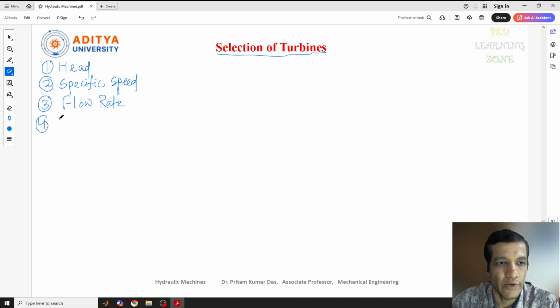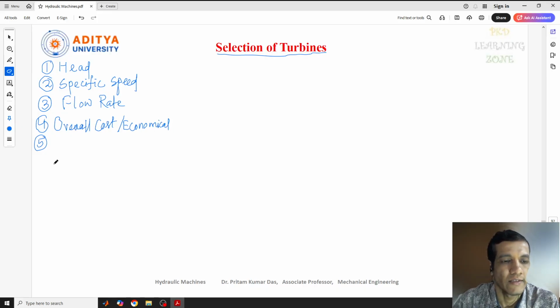That means we need to check the overall cost, or you can say the economical performance or economical status. Then we need to check the flow rate, the overall cost, and then the site conditions. What are the site conditions available?